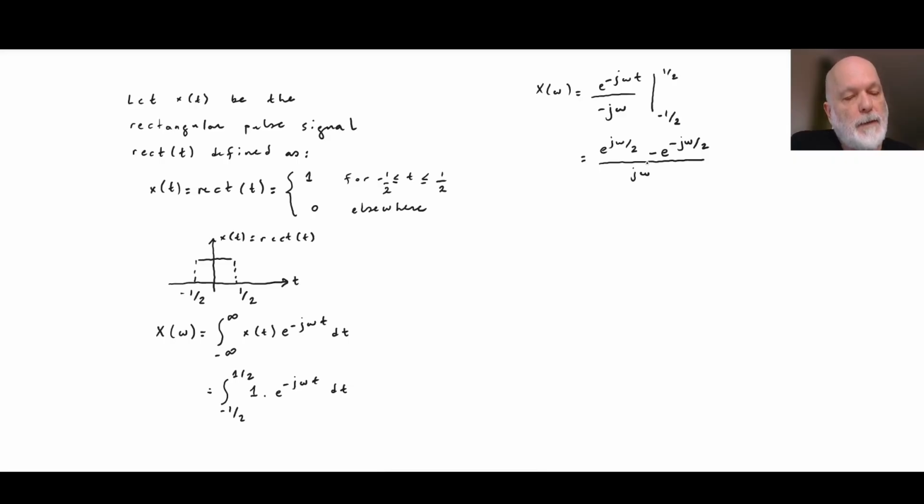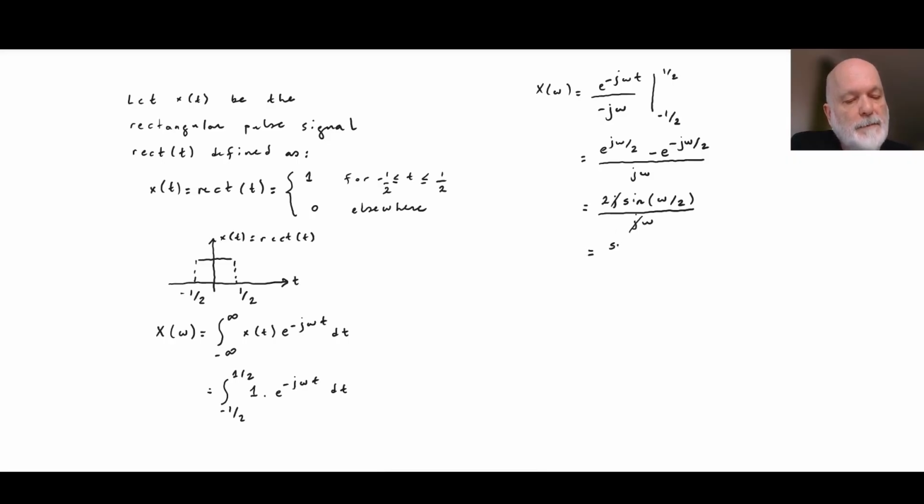Okay, so now we recognize the numerator as 2j sine omega over 2, divided by j omega. So the terms j will cancel out, and we can move this constant 2 to the denominator as follows.